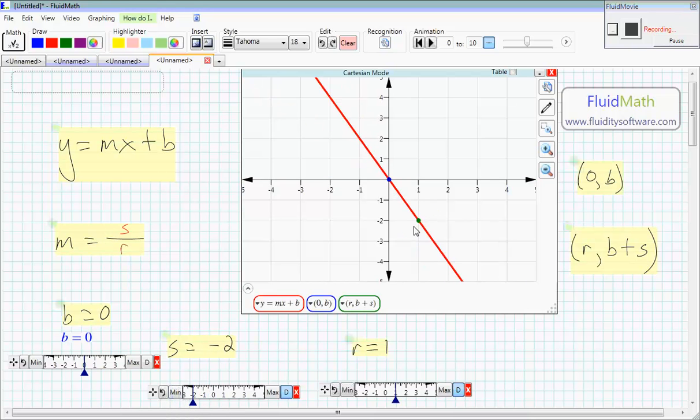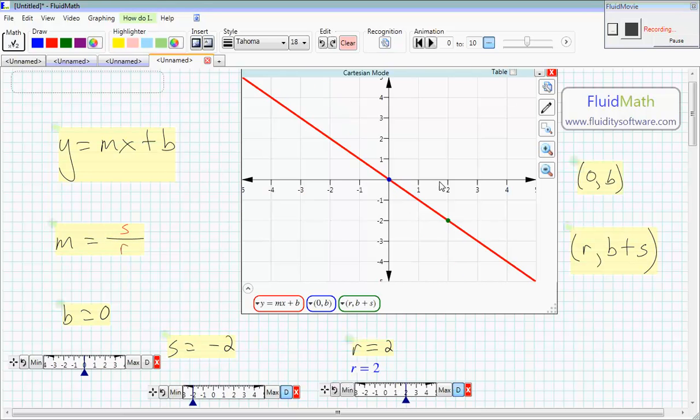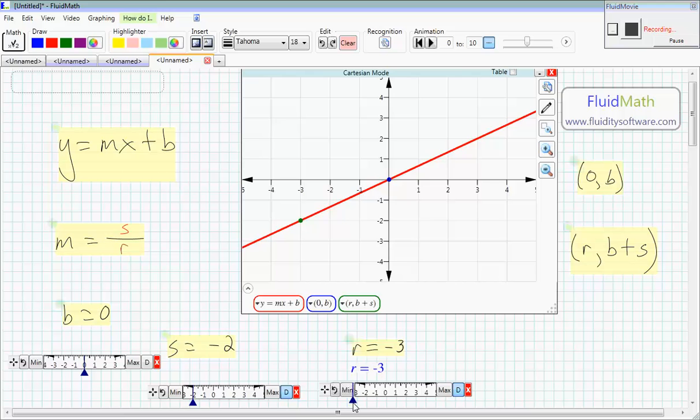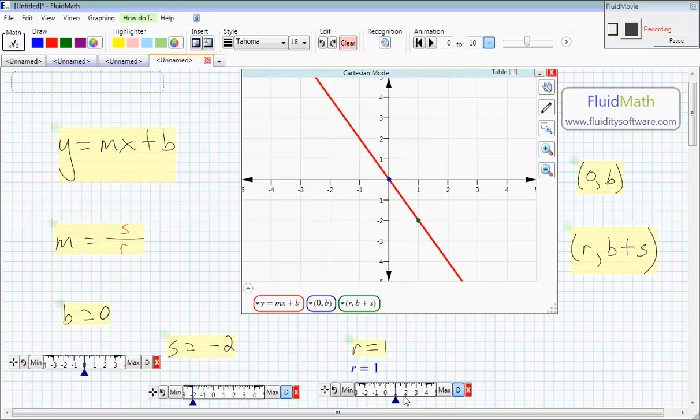Okay, now let's increase the run. So instead of going over 1 and down, it'll be over 2 and down. And if we go to negative numbers, we can see this works. Now something interesting happens when r is 0, which is a divide by 0. Alright, that concludes this video.